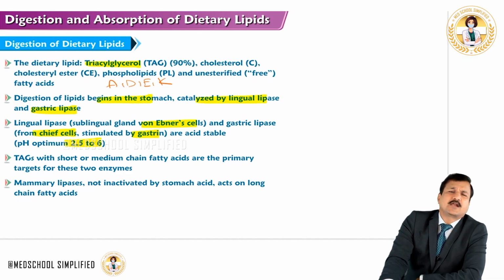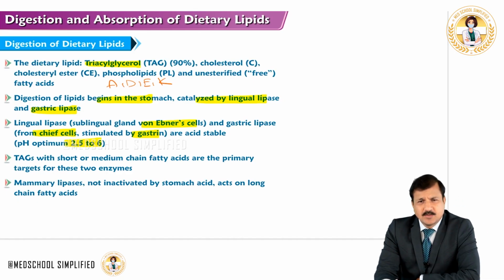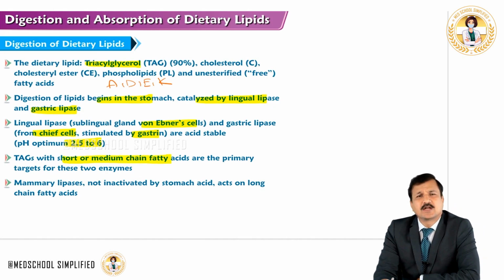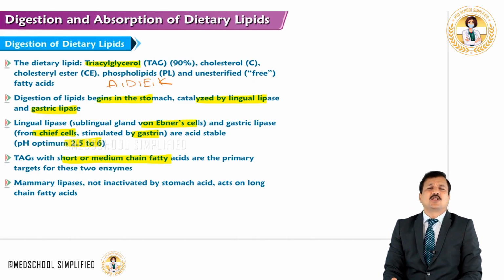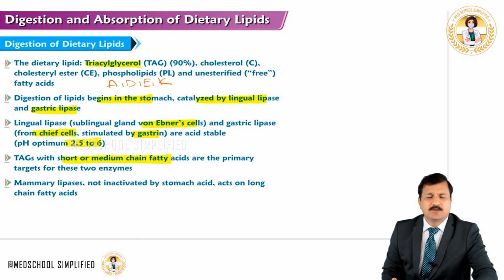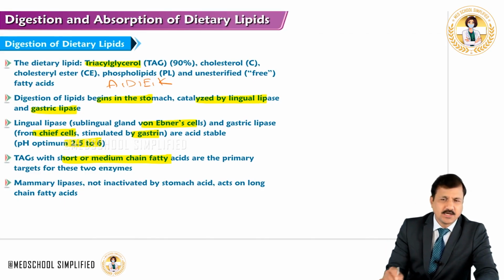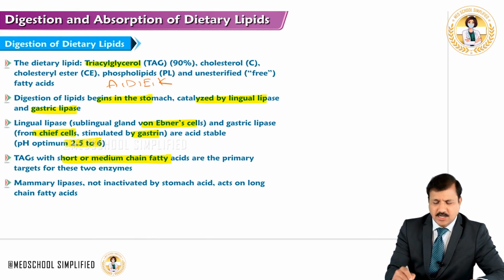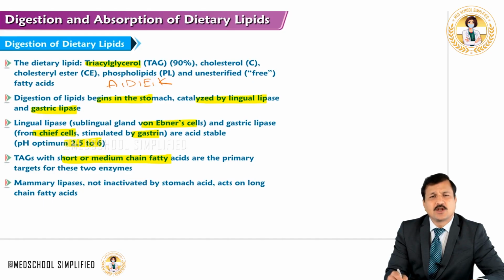Now what is the target of these two enzymes? Both gastric and lingual lipases will act on short and medium chain fatty acids that are there in the triacylglycerol. So any triacylglycerol which contains short and medium chain fatty acids, those are the substrates for lingual and gastric lipase. In that sense, you need to know what is the carbon length in a fatty acid to call it a short chain, and what is the carbon length to call it a medium chain.